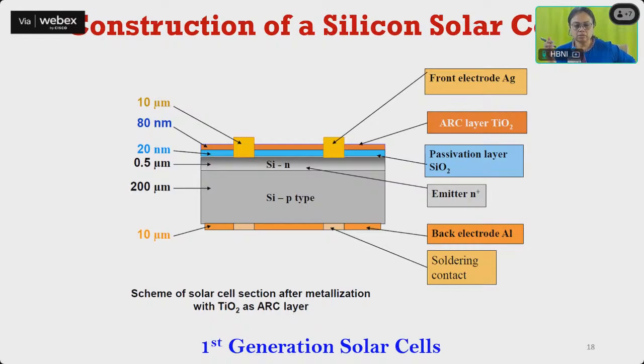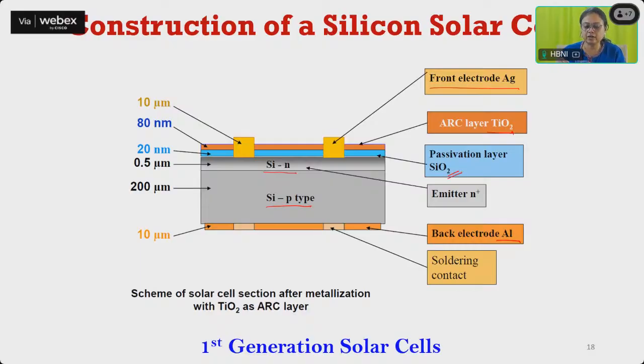Now coming to the construction of a silicon solar cell. We have already seen that we have a p-type silicon semiconductor, then n-type silicon, and then we have a back electrode of aluminium, a front electrode of silver, an anti-reflective coating of TiO2 and a passivation layer of SiO2.